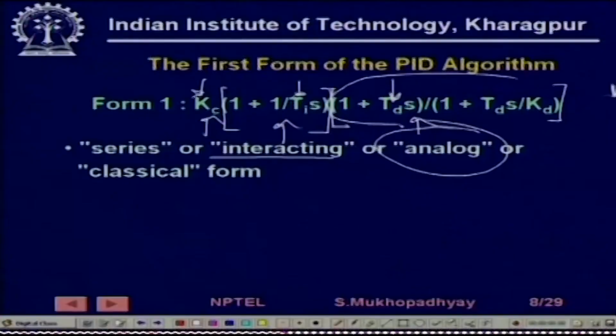Actually, it turns out that it was easier to generate the PID equation in this form using pneumatic elements, things like orifices and then bellows, flapper nozzles. So, with such things it is easy to build it in this form and not in the parallel form, right.